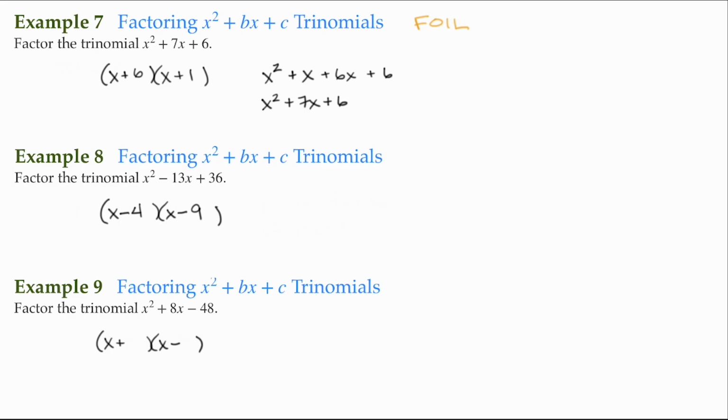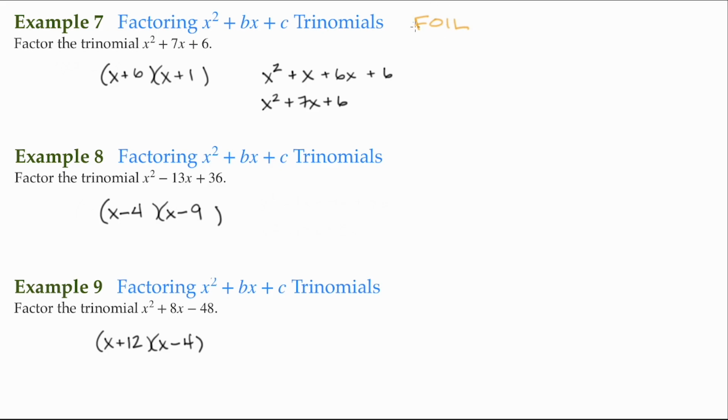So now we have to think of two values that when we multiply together will give us negative 48, but when we add them together will give us positive 8. So in order to come up with a positive 8, the positive value has to be larger than the negative value. And of course, those values are 12 and negative 4. 12 times negative 4 is negative 48. And 12 minus 4 is 8.